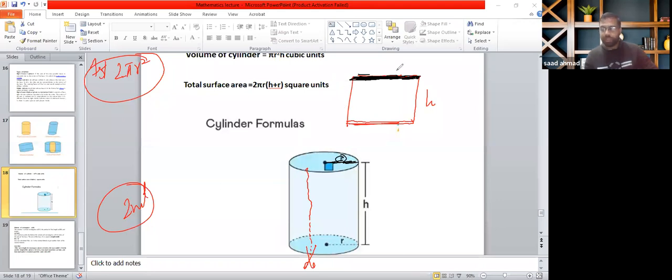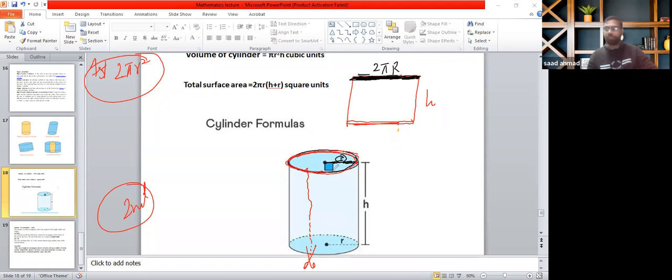Okay, it's okay. So this one will be 2 pi r, because this is the circumference of the circle. If you see this side length, this length is the circumference of this circle.